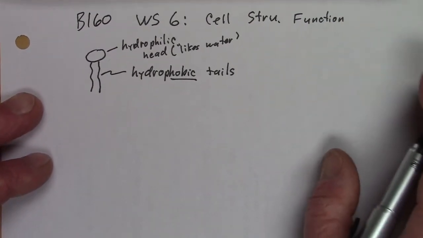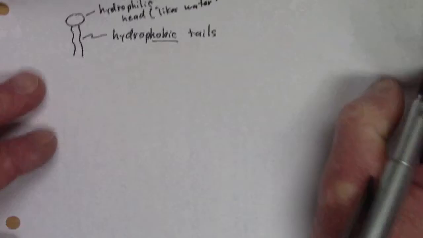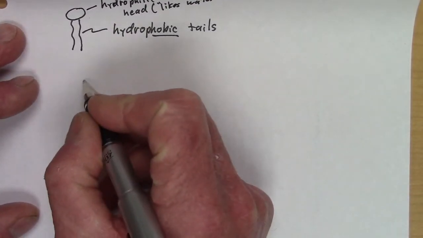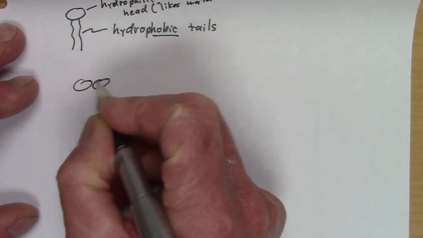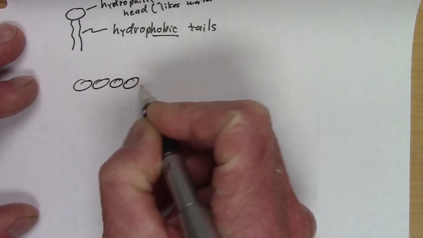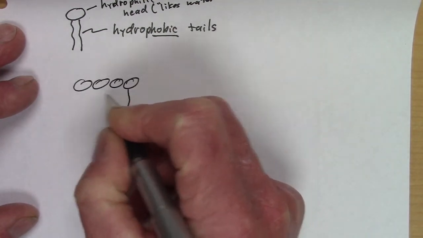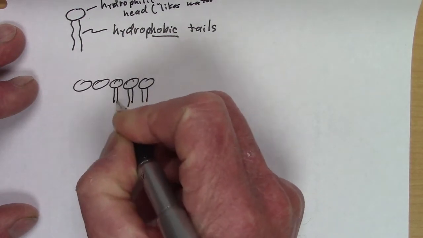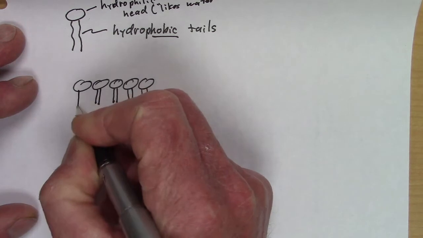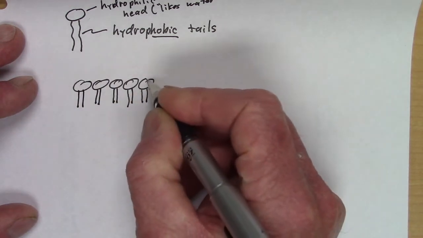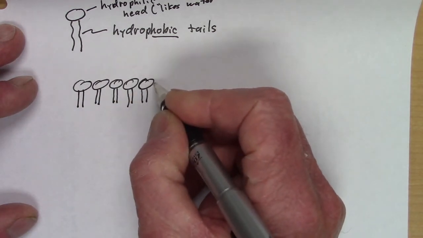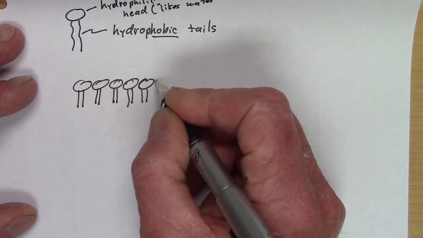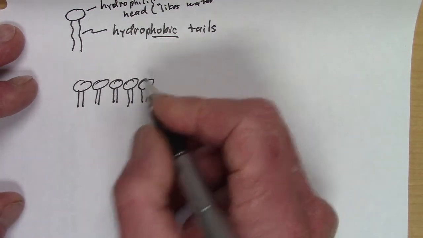So if we were to draw some more of those in together, they would arrange themselves sort of like this. Just to draw several of them, 4, maybe 5 in a row, it doesn't really matter. But they're all the same. We have the hydrophilic heads around. They have charged groups on them that interact well with the charged polar water molecules.